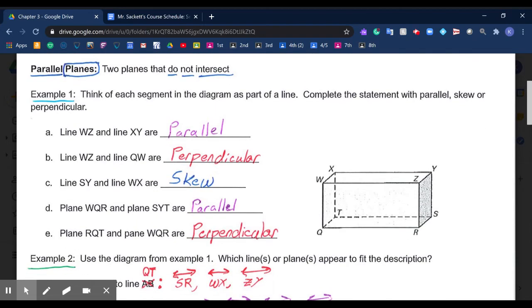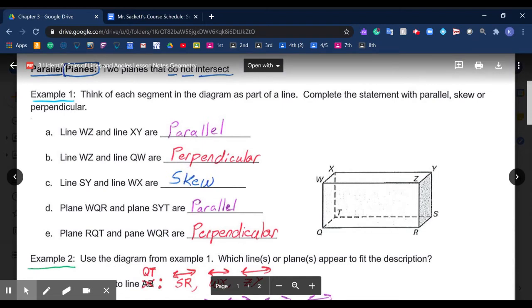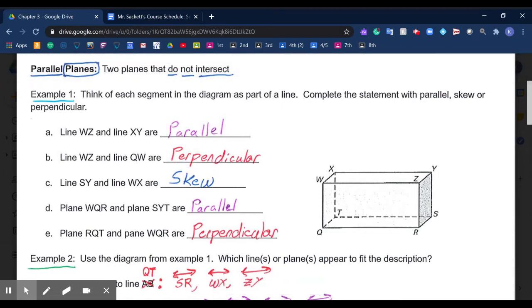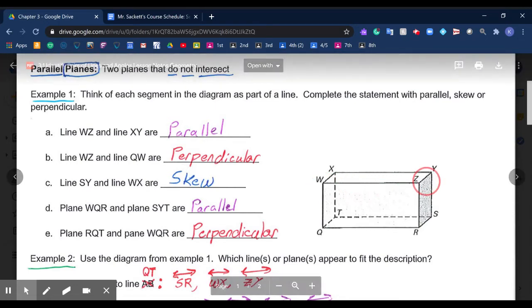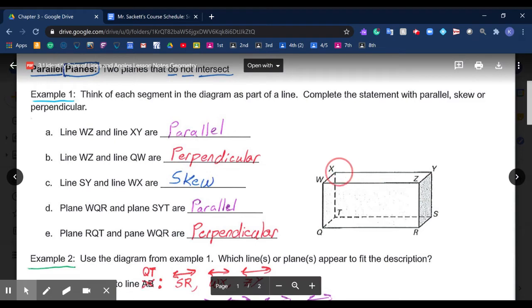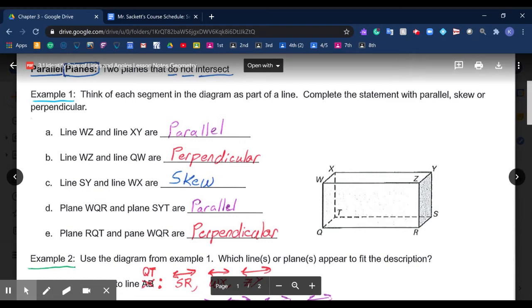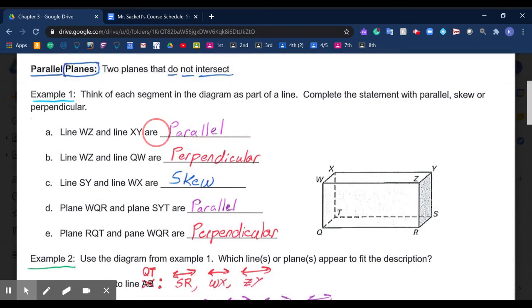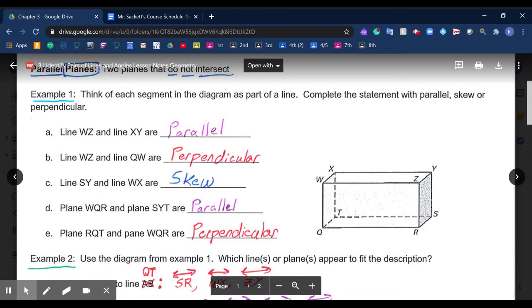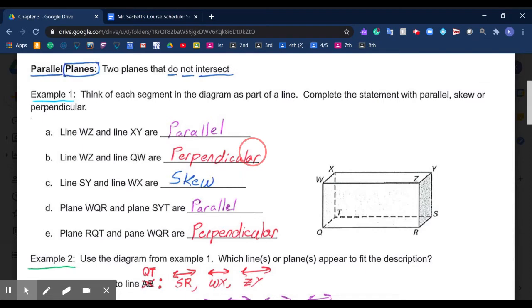Example 1, part A: line WZ and line XY are blank. So WZ right here, and then XY back here. Well, they make up the two sides of that rectangle on top, so they're on the same plane, and if we extend them forever, they'd never intersect, so they are parallel. Part B: line WZ and line QW are perpendicular.